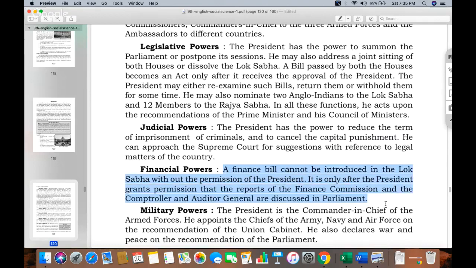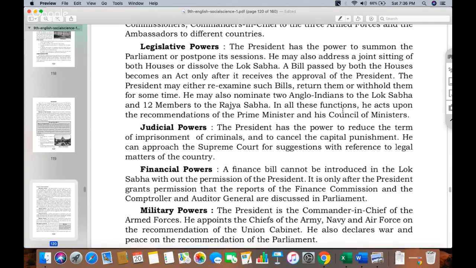Then financial power. Always remember that all financial bills have to be introduced in Lok Sabha first, but it is necessary that you take permission of the president. There are two things to be remembered for a financial bill: first, it has to be introduced in Lok Sabha, but you can never introduce it even in Lok Sabha if the president does not agree.